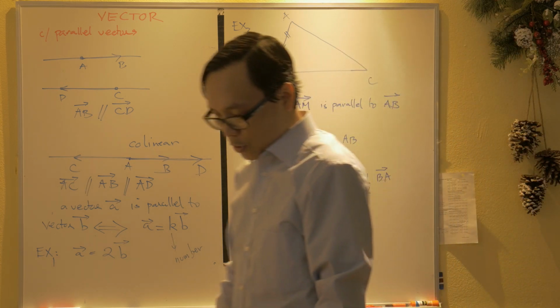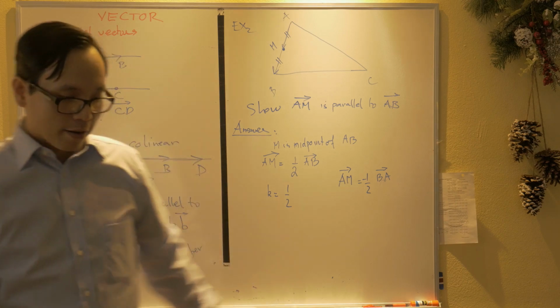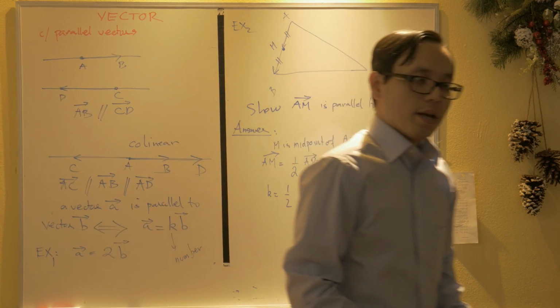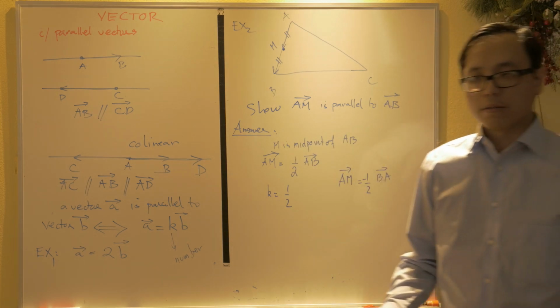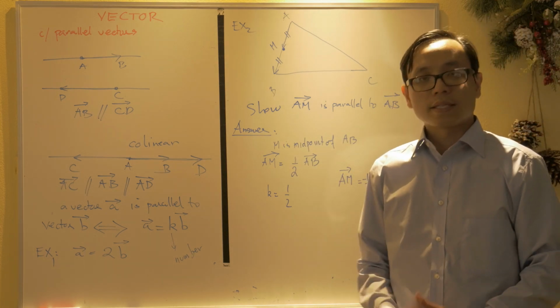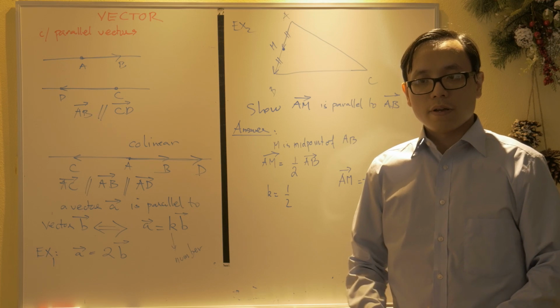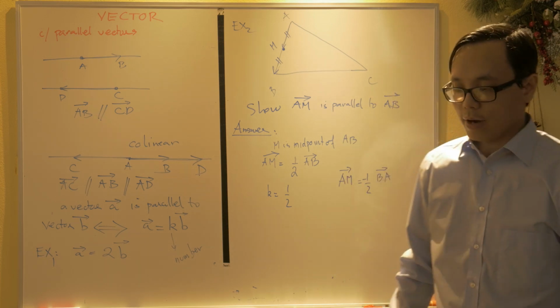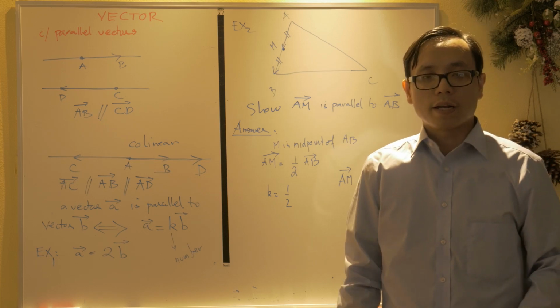And because every time we talk about vector, we also talk about magnitude, and magnitude is a scalar quantity, if we have numbers, we can add numbers together or subtract numbers.